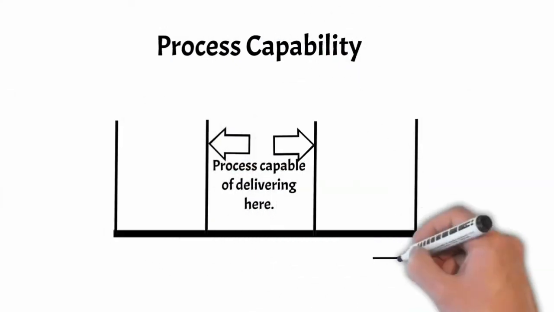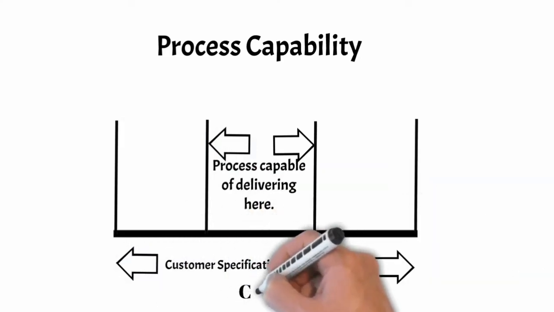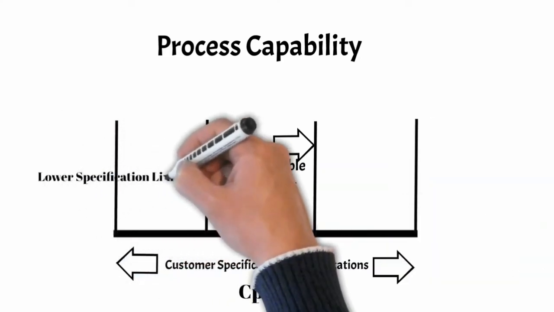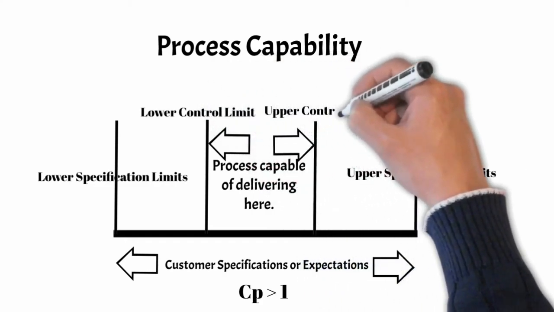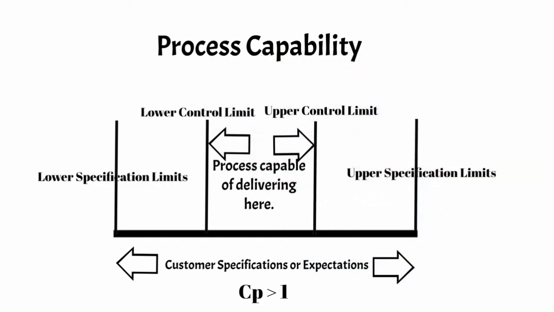Process capability, CP, measures how close a process is running to its specification limits relative to its natural variability. These specification limits reflect customer expectations, which are compared to the natural variability associated with delivering customer results.